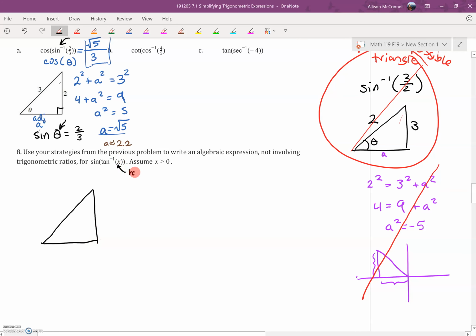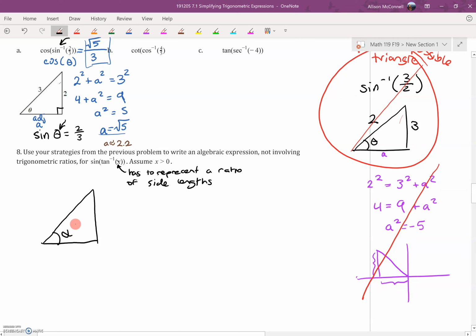This has to represent a ratio of side lengths because it is the inverse tangent. So I'm looking at the sine of some angle here. Let's go ahead and call it alpha. That's alpha.